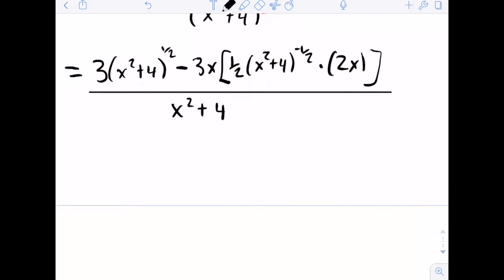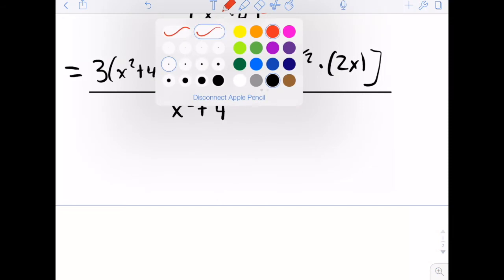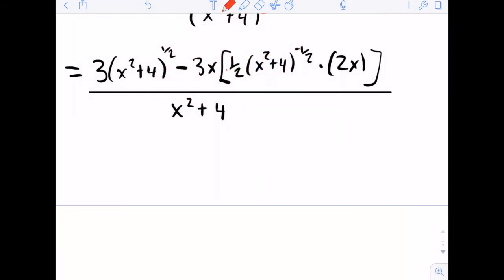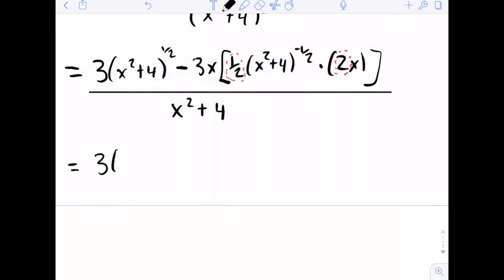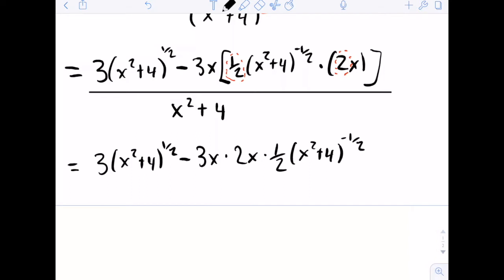Okay, so what else can we do? Notice that we've got a 1/2 here, and we have a 2 here, and everything's being multiplied together. So we can rewrite this again as 3 times x squared plus 4 to the power of 1/2 minus 3x times, now I'm going to bring the 2x over here, and then we've got the 1/2 x squared plus 4 to the minus 1/2, just so we can see this a little bit better, all divided by x squared plus 4.